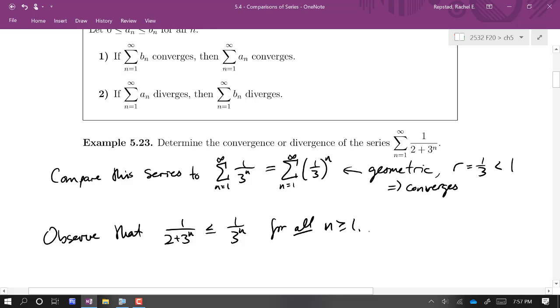Term for term, the values of 1 over 2 plus 3 to the n all have to be less than 1 over 3 to the n. That's pretty simple to see because the numerators are the same, and 2 plus 3 to the n is greater than or equal to 3 to the n.